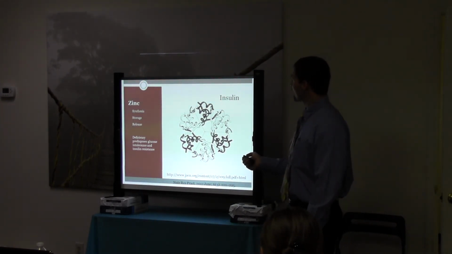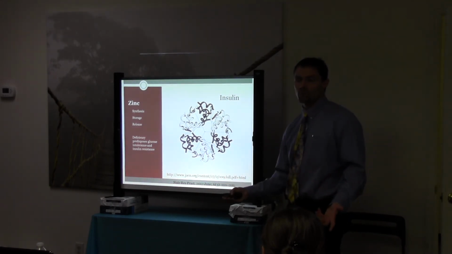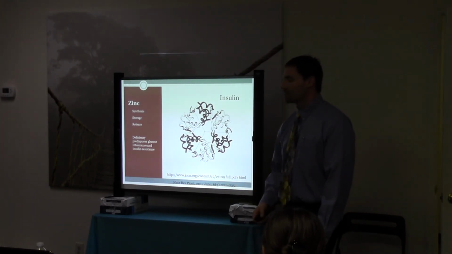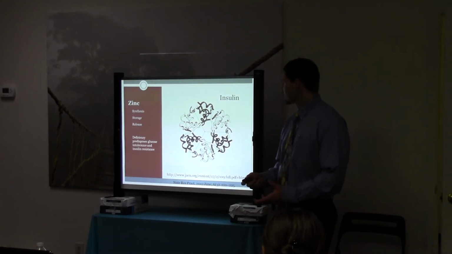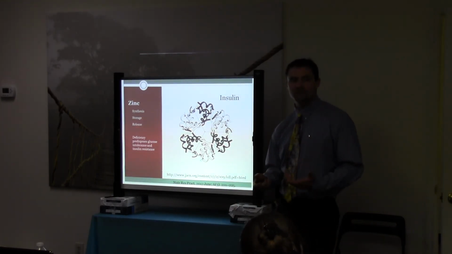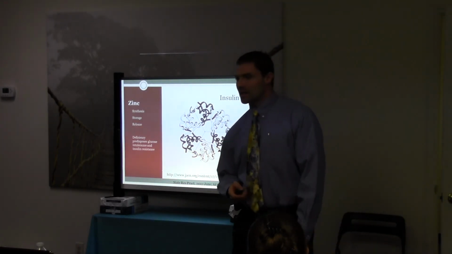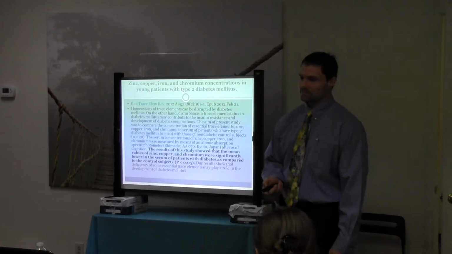Just to give you a little more background, insulin's a peptide hormone, so it's a protein-based hormone. What you're seeing in this diagram as far as these strands out here, these are strands of amino acids. So zinc is involved in your synthesis, storage, and release of insulin. Your pancreas is going to be heavily dependent on the availability of zinc, and a deficiency predisposes you to glucose intolerance and insulin resistance.